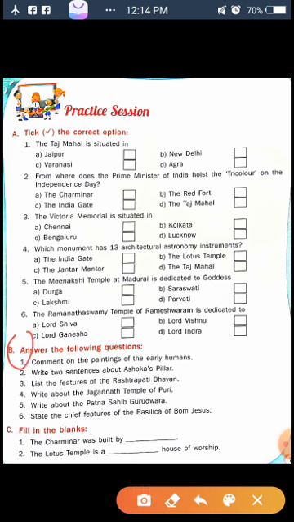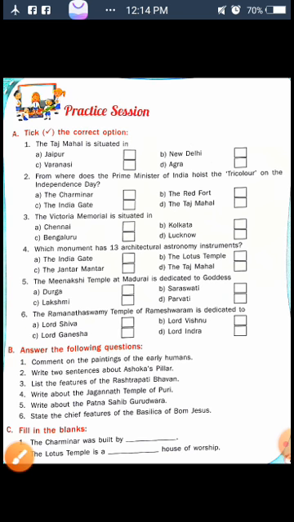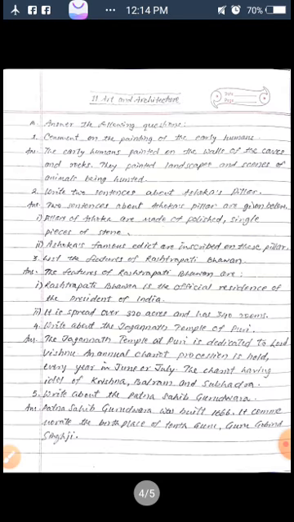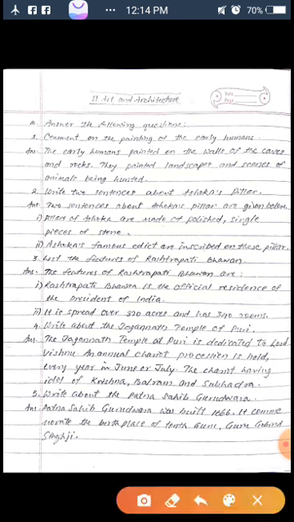Here, the first question is: comment on the painting of the early human. Comment means you write about early painting by early humans. So here is the answer. Look here, the early humans painted on the walls of the caves and rocks.